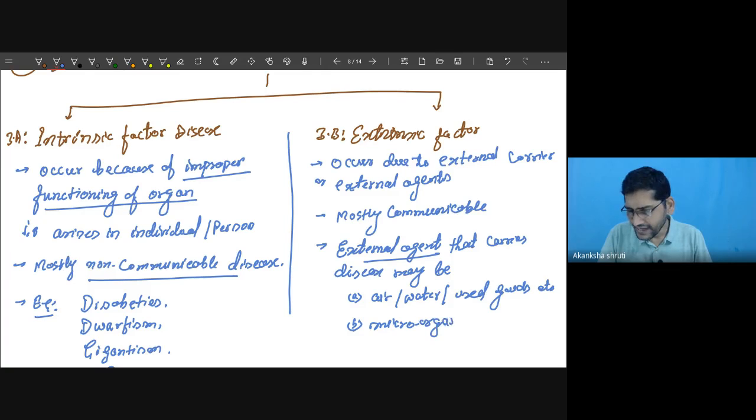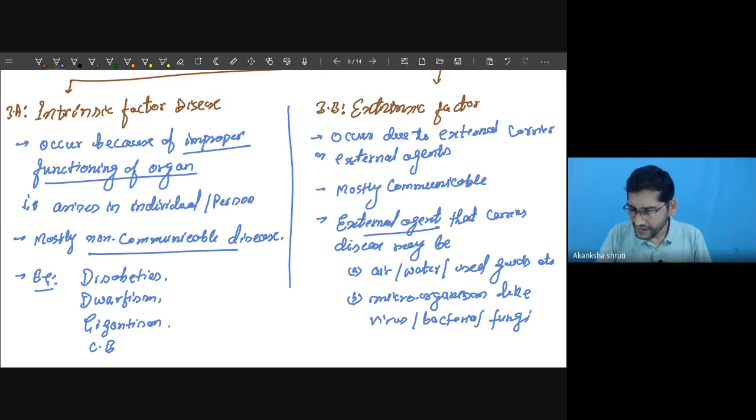If the carrier is a small microorganism, like a virus, bacteria, fungi, protozoa, etc., then they are called vectors or pathogens.